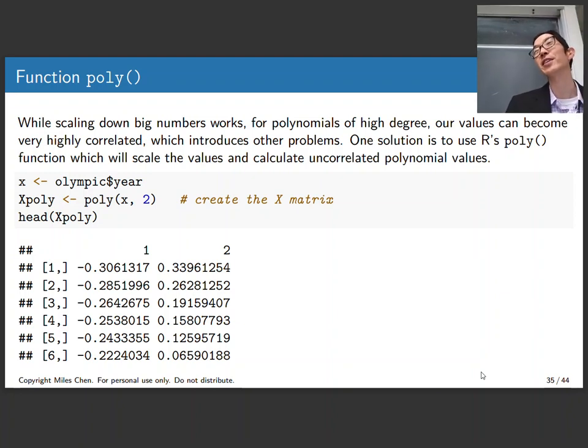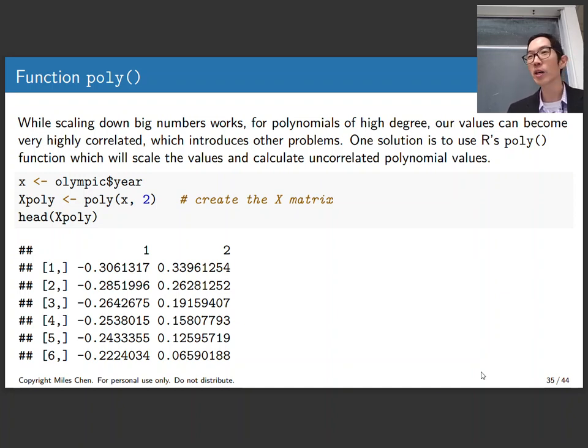So I think you learned what variance inflation factors are, and you don't even have to have perfect collinearity. If you just have high collinearity between your variables, the variance of your coefficient estimates just get inflated. And so one way to avoid that is to use this function called poly, okay?